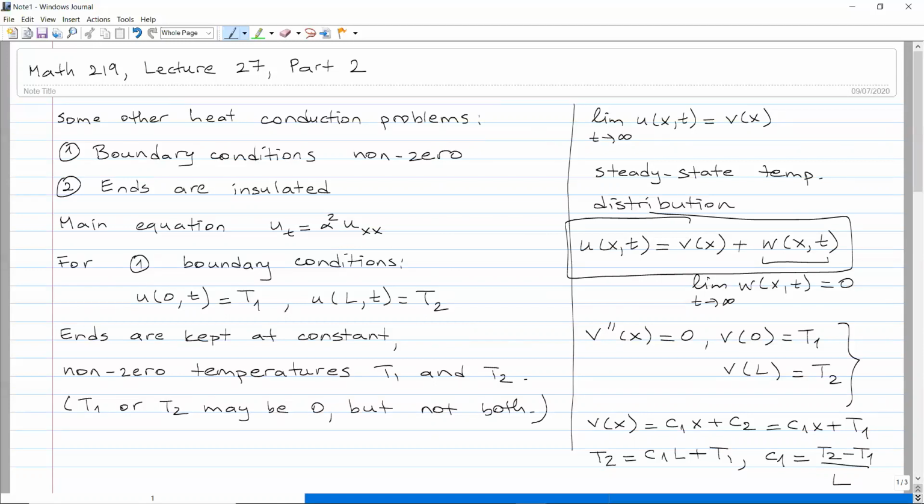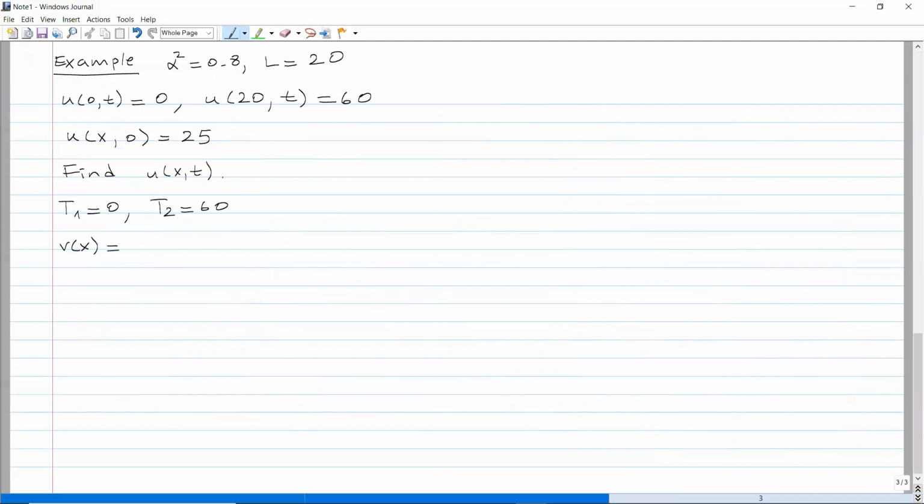But the form of the solution is again the same, homogeneous solution plus a particular solution. So the particular solution is (T2 minus T1) over L times x plus T1. T1 is 0, T2 is 60, L is 20, 60 over 20 is 3, so v(x) is 3x.